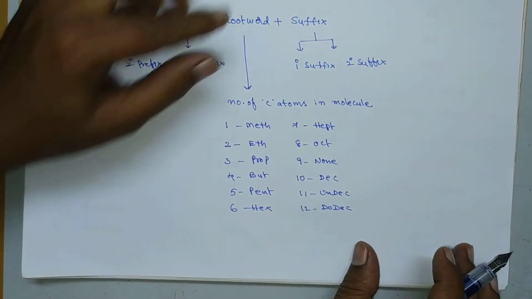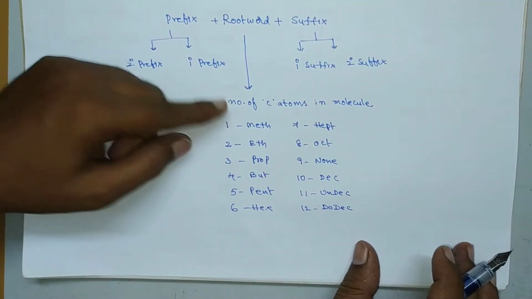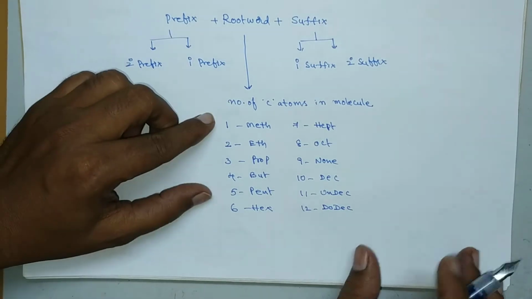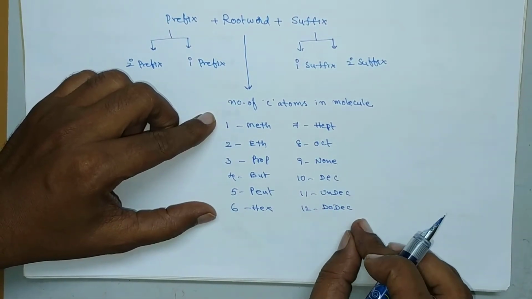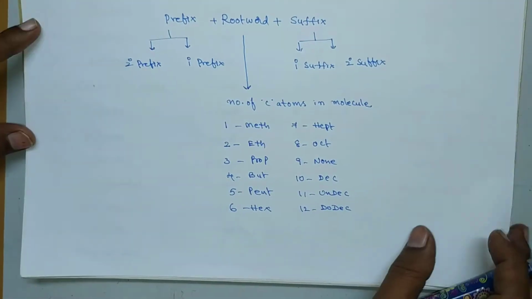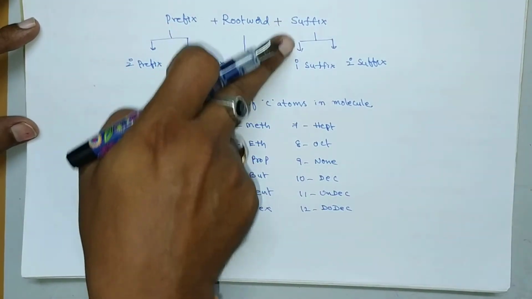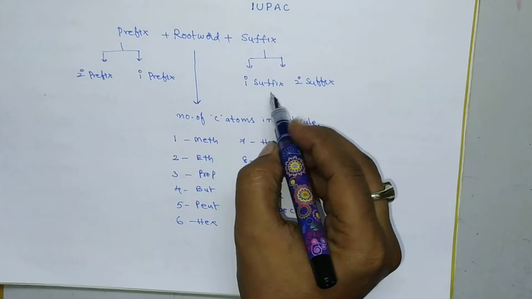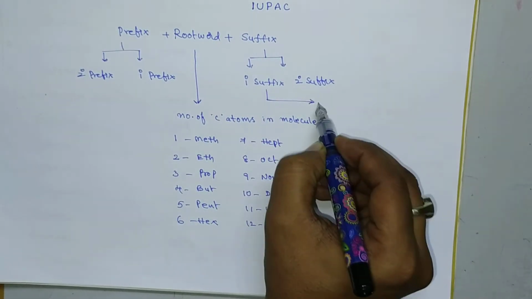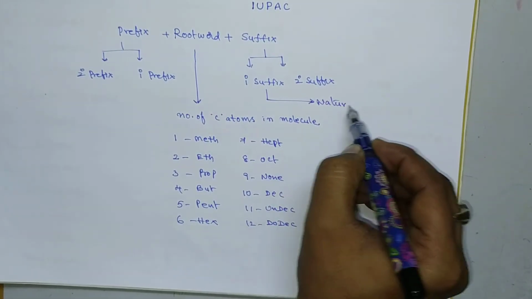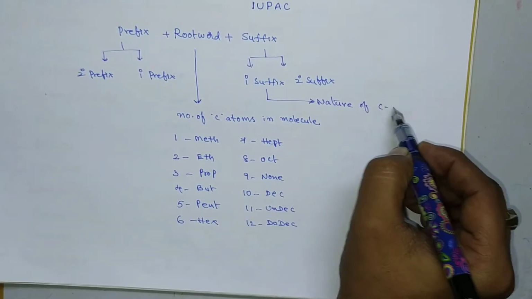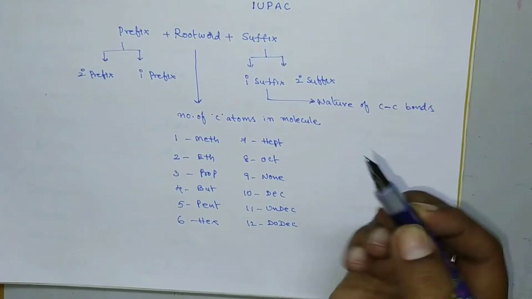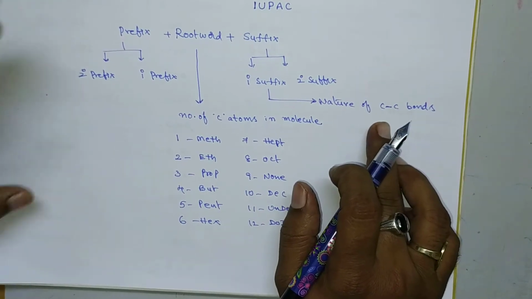So based on the number of carbon atoms present in the given molecule, we write any one of these. Next, after fixing the root word, we go for the primary suffix. The primary suffix indicates the nature of carbon-carbon bonds, that is, whether the bond is a single, double or triple bond.